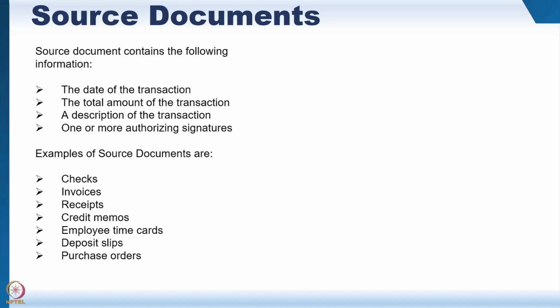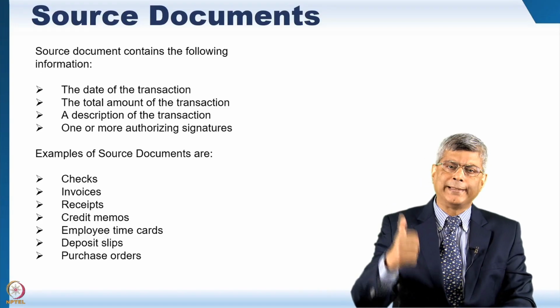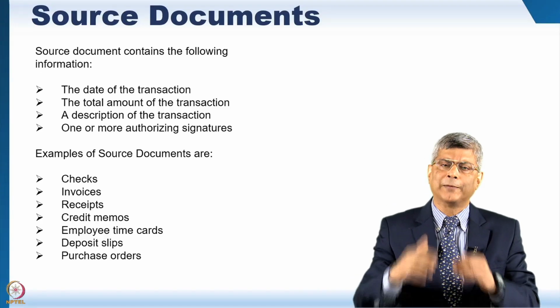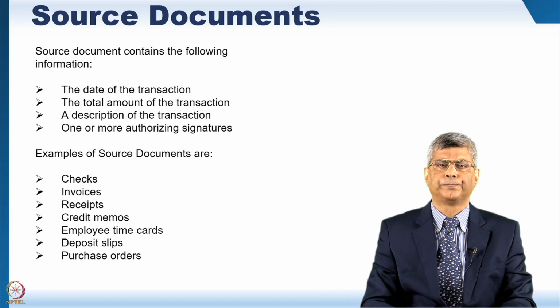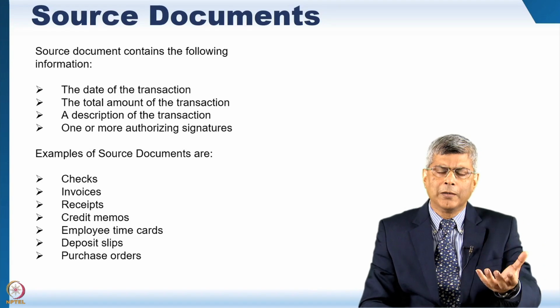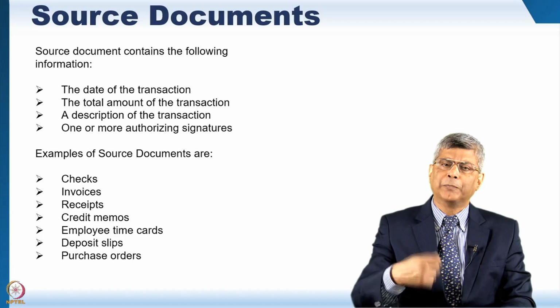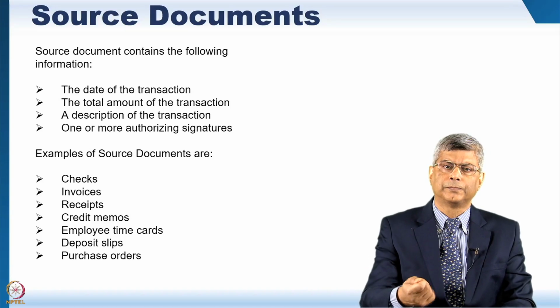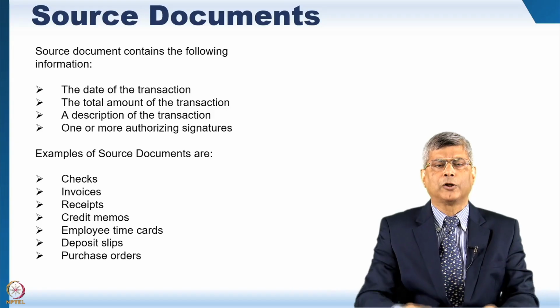So let's look at the source documents. As I said, the source documents can be many, but at a basic level, every source document should have some basic information, like which day was the transaction? What is the total money involved in the transaction? A description of the transaction. And someone who has authorized it. So what are the typical documents?